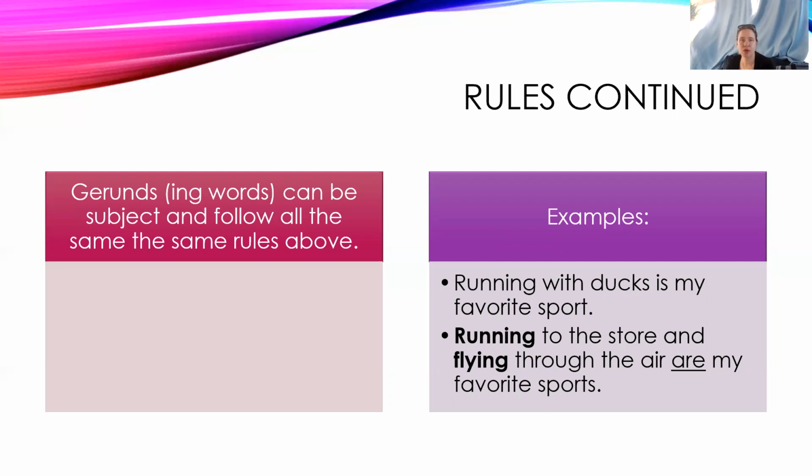For example, running with ducks is my favorite sport. One gerund, verb has an S. Running to the store and flying through the air are my favorite sports. Two gerunds connected by and. Your verb does not have an S.